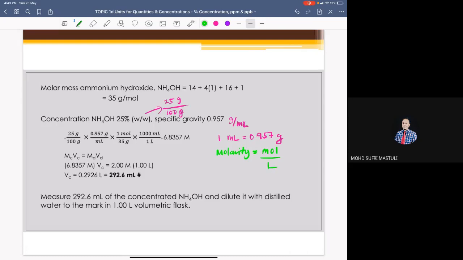Okay, so we know in this ammonium hydroxide, 1 ml is equivalent to 0.957 gram. So we can calculate the mole. 1 ml is 0.957 gram.